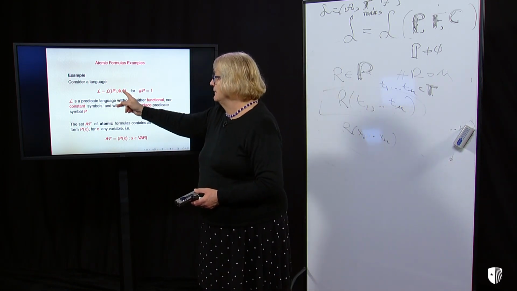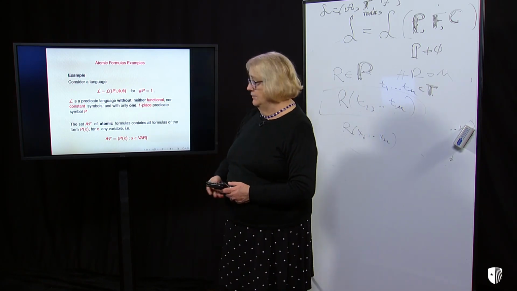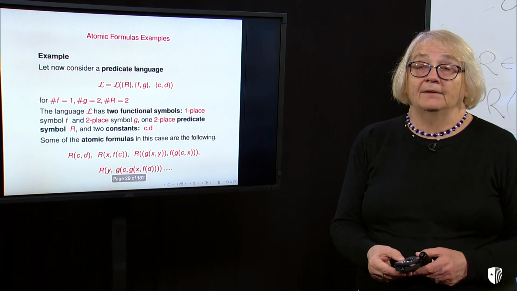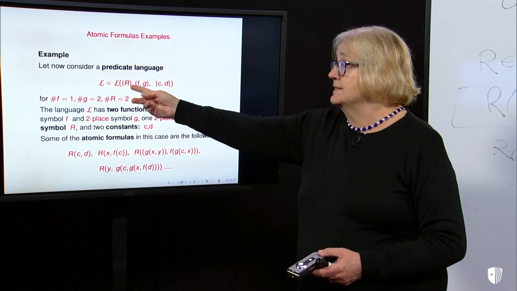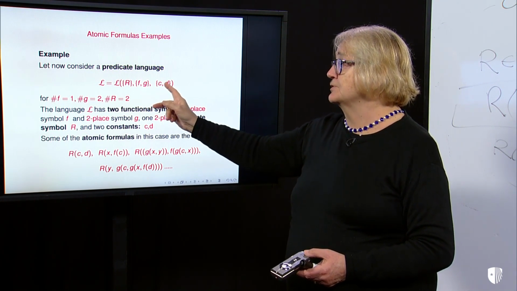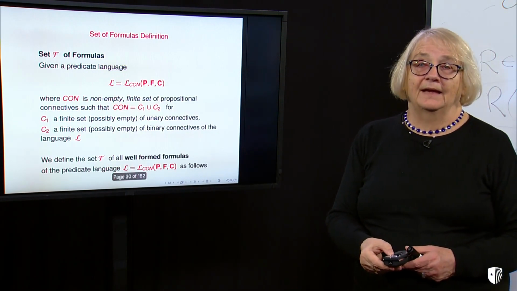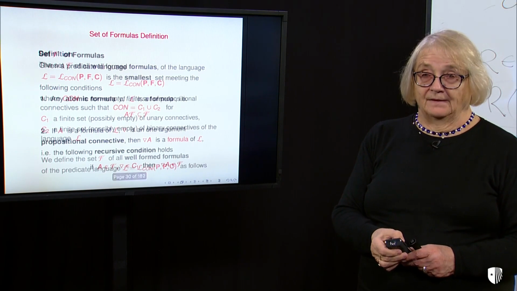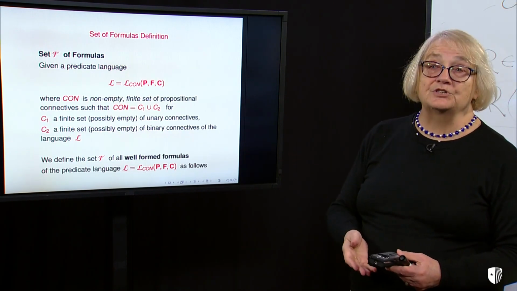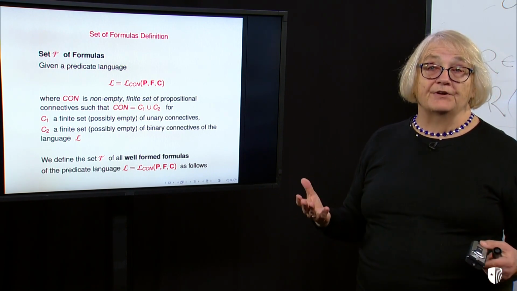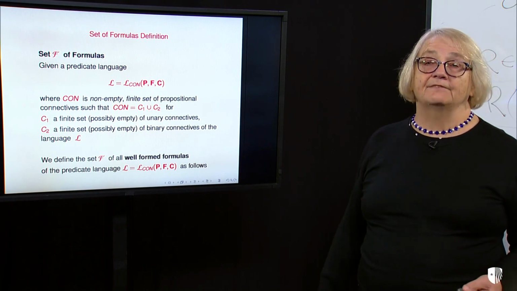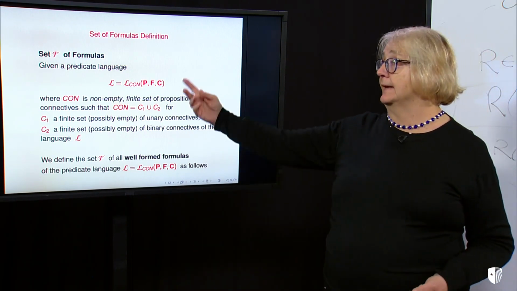For example, P is one symbol, the others empty, and the atomic formulas would be just the variables. And there's another language with R as one symbol, two functional symbols, and two constants. So now you have examples of different languages. And then in general, this is the definition of the set of formulas. Now we have a predicate language.